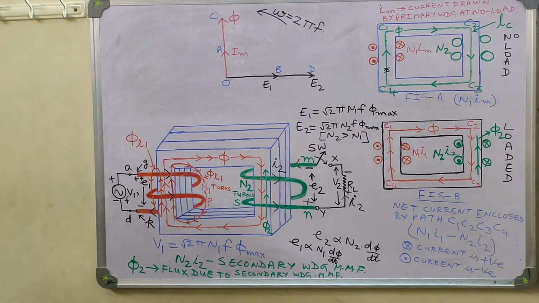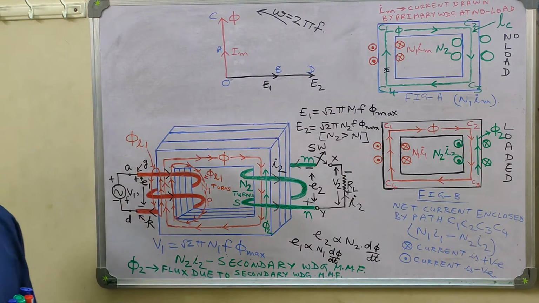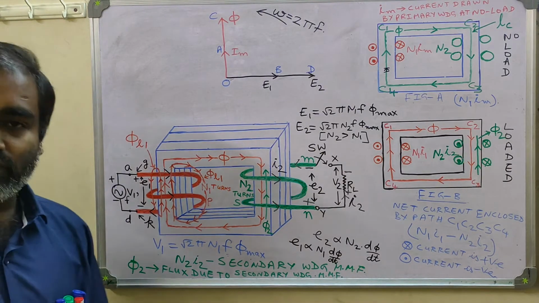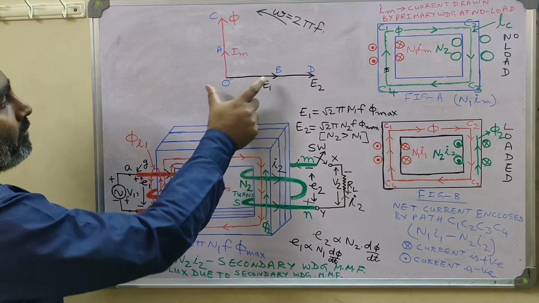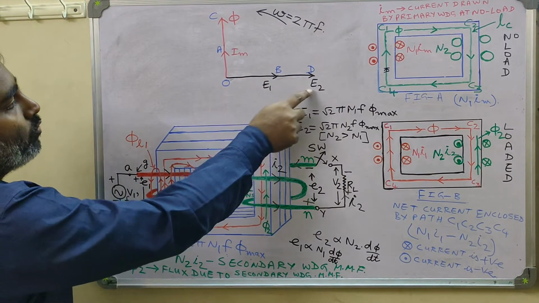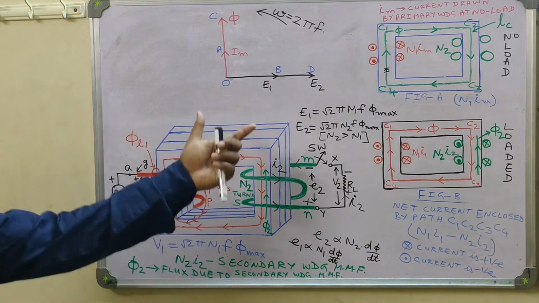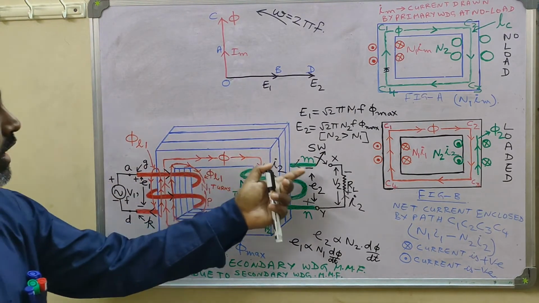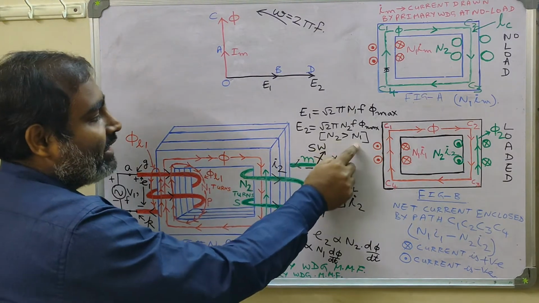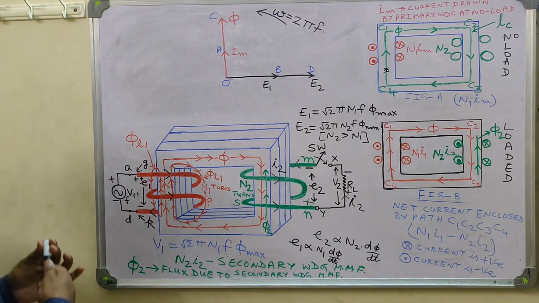Because in the phasor representation, the length of the phasor denotes its magnitude. The length of the phasor E1 is OB and the length of the phasor E2 is OD. Since OD is larger than OB, E2 is greater than E1, so that means N2 is greater than N1. That's what we have written here.